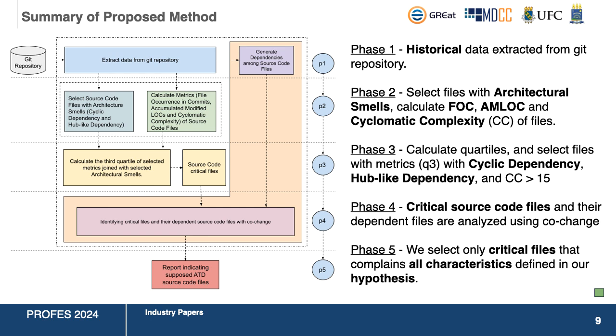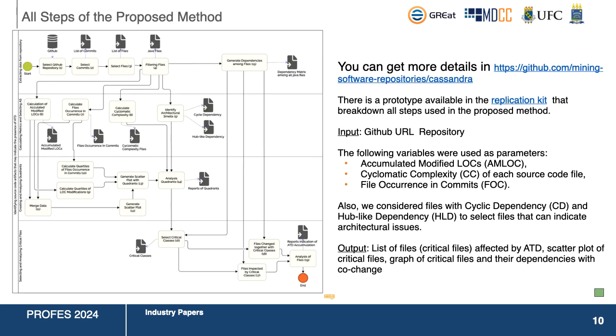In phase 4, we select critical source code files. And in the last phase, we report the critical files with all the hypothesis characteristics. In this picture, you can see more details about the proposed method.